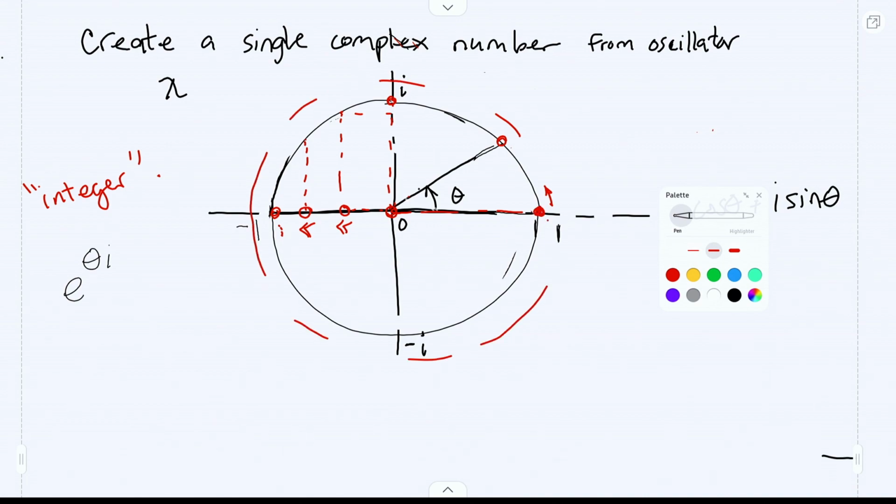It starts at 1, and then it goes all the way until it's 0 in the real axis, but then there's an imaginary component. And then it goes all the way until it's -1 in the real axis, but the imaginary is 0, and then all of a sudden we have a negative imaginary, but we have the real being at 0. So really the oscillator is like a sine wave.